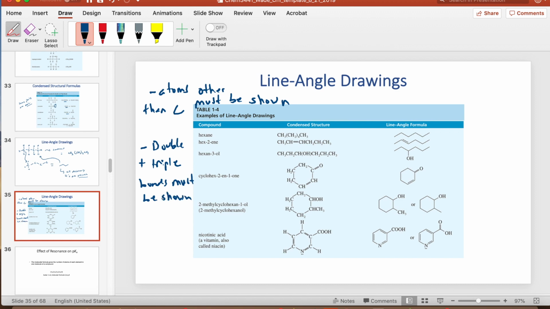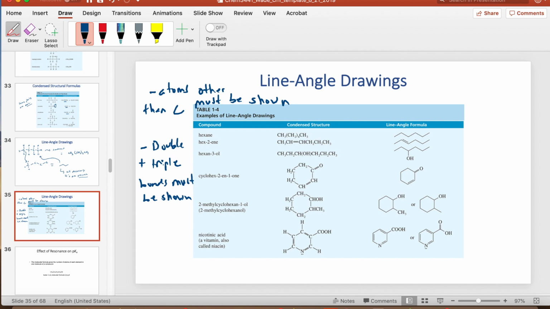So anything that's not carbon, you have to show it. Even with hydrogens, if you have a heteroatom, remember we talked about those, other than carbon, you need to add the hydrogens onto those too. So there are two rules: if it's something besides carbon, make sure you show it, and if it has a multiple bond, you have to show that too. Remember, that's different in the condensed structure, where you don't always have to show the multiple bonds.